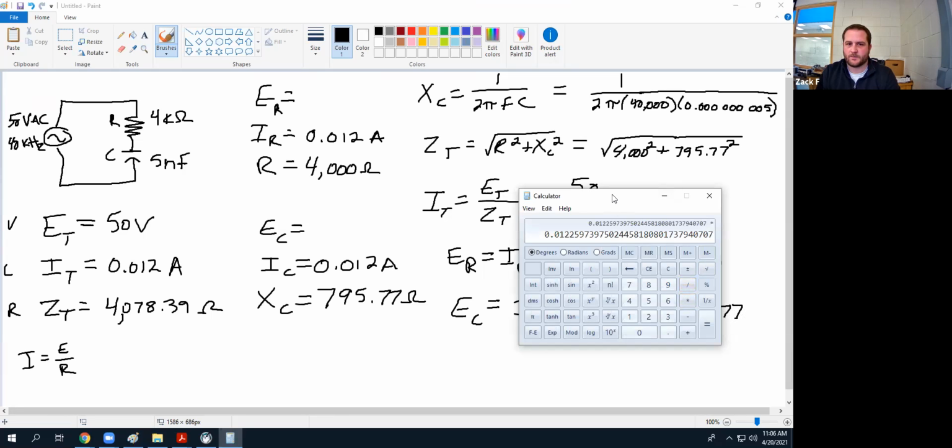So that times 4,000 gives you 49.04 volts.